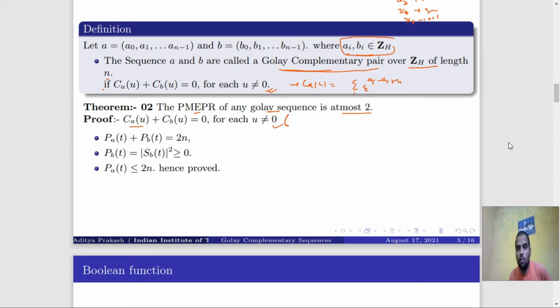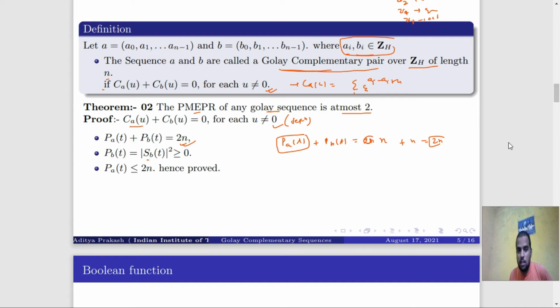That's good, because it comes from the definition. Now we know that PAT plus PBT is equal to 2n. How? As described above, its maximum value will be n for each, that means 2n, because in PAT u is considered. That's why I write it as 2n.